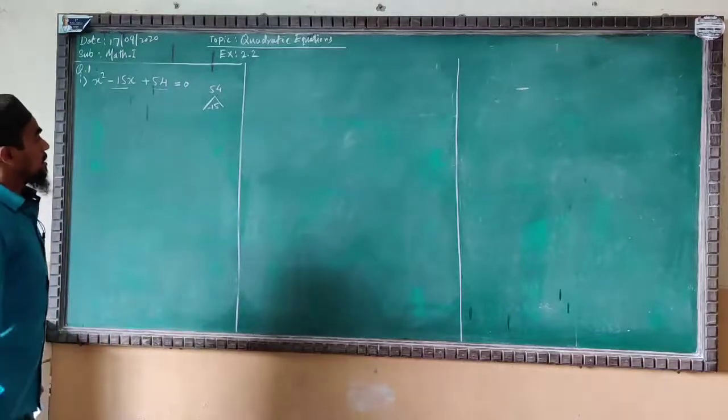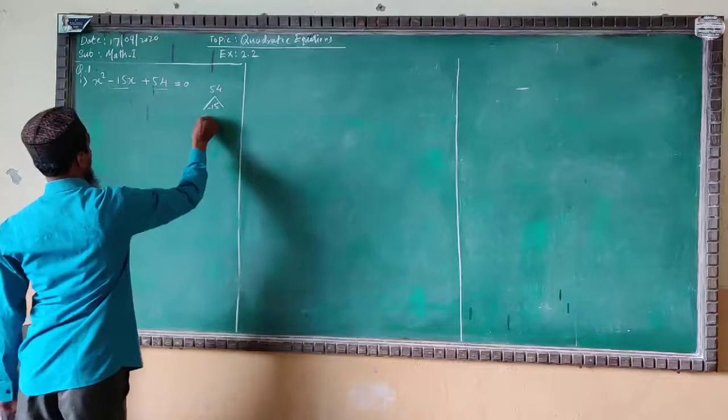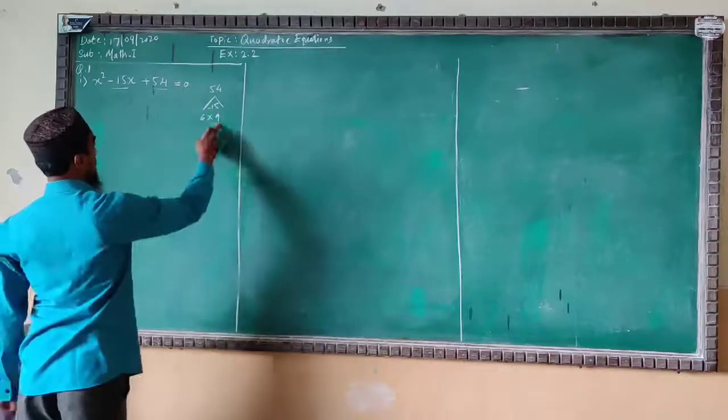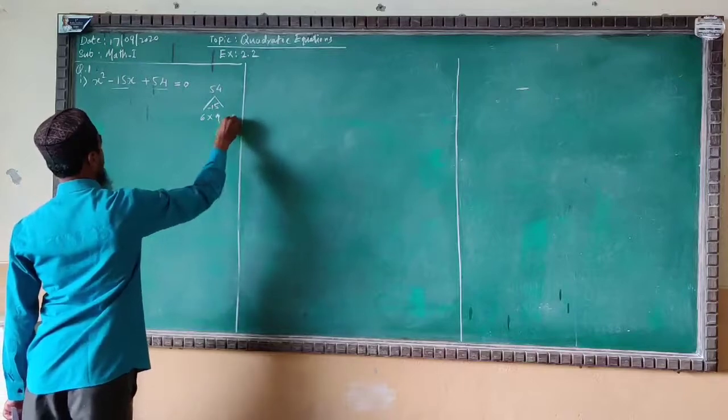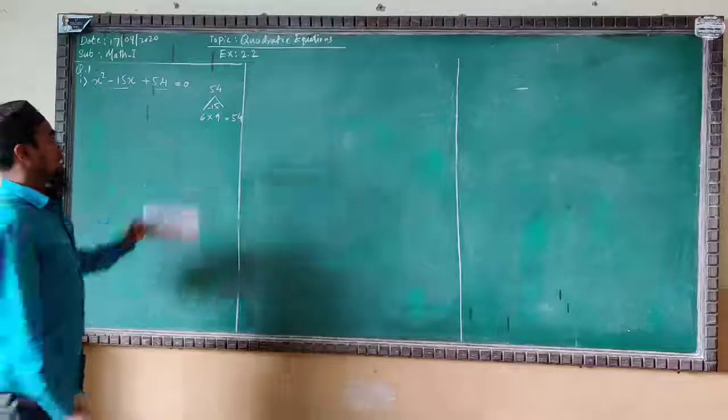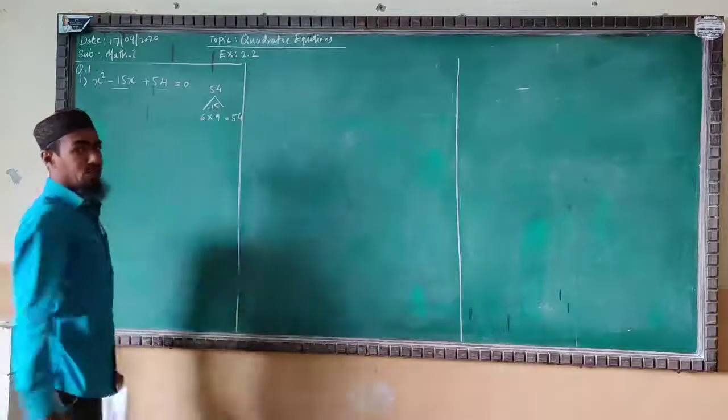Now see here, you will see 6 into 9. The number I am taking first is 6 into 9: 6 9s you will get 54, and 6 plus 9 you will get 15 only.